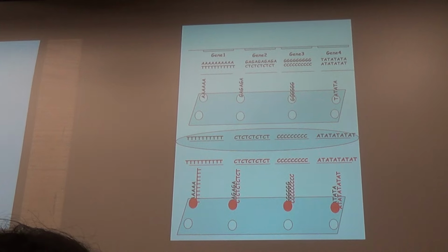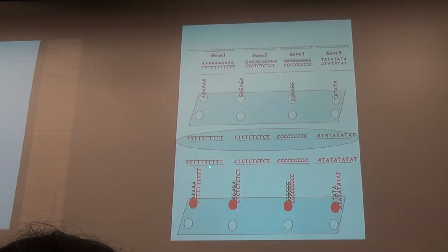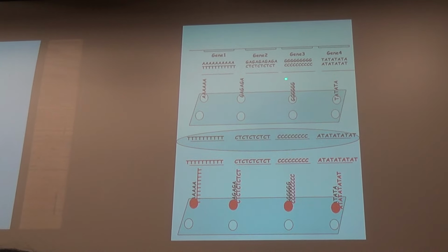So when you do this analysis, let's imagine here is an individual. In this individual, you've got 4 dots indicating that gene 1, gene 2, gene 3, and gene 4 are being made into RNA, because you've got 4 fluorescent dots on this slide.